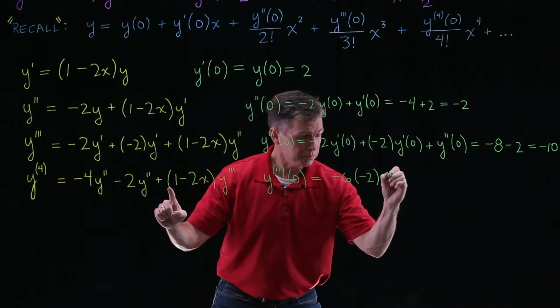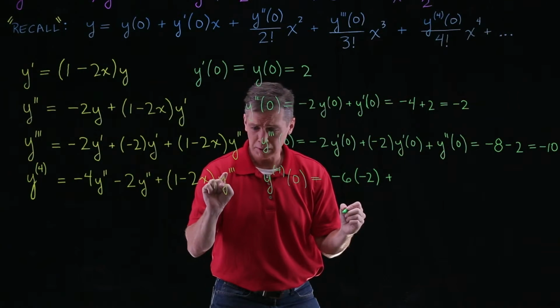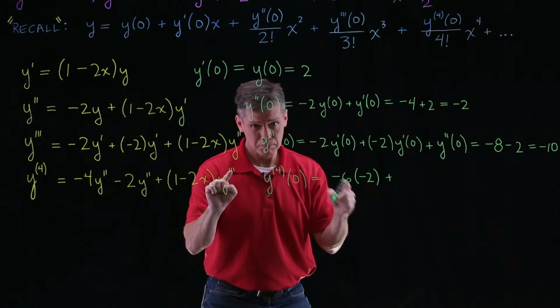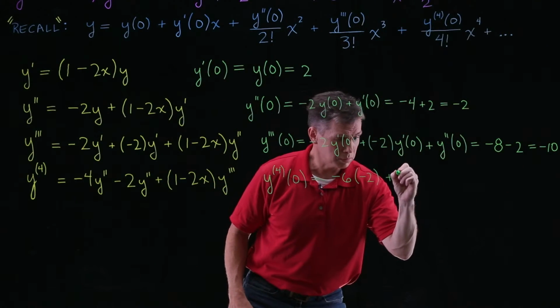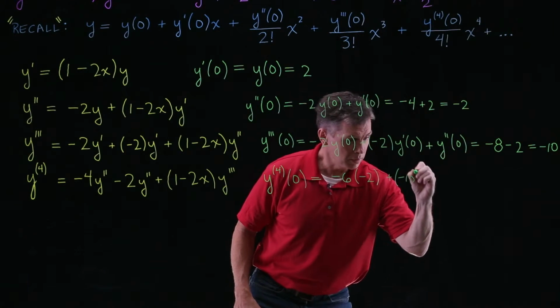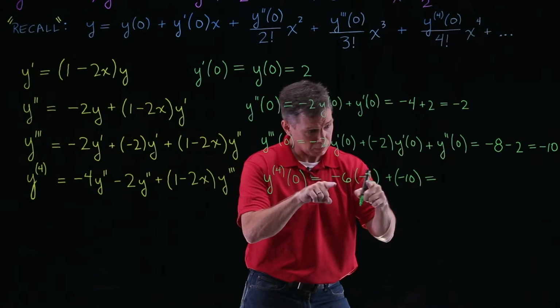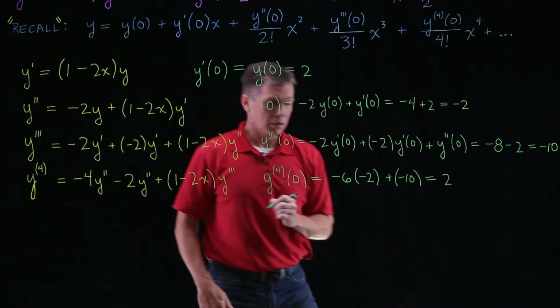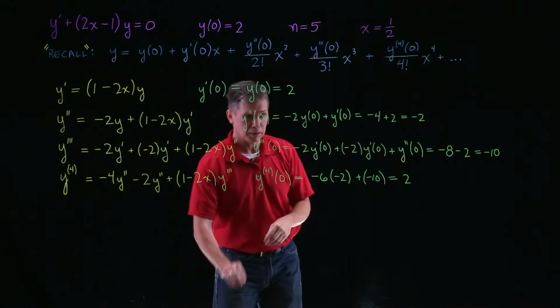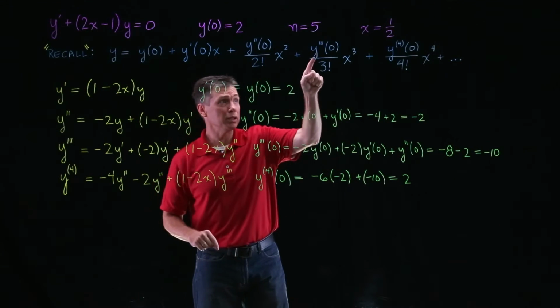And then plus, the parentheses was just 1 after I put a 0 in, and y triple prime evaluated at 0, that's this guy, so that's the minus 10. So our arithmetic here, what am I looking at? A 12, take away 10, looks like 2. All right, those are my derivative values at 0 for each of the numerators.